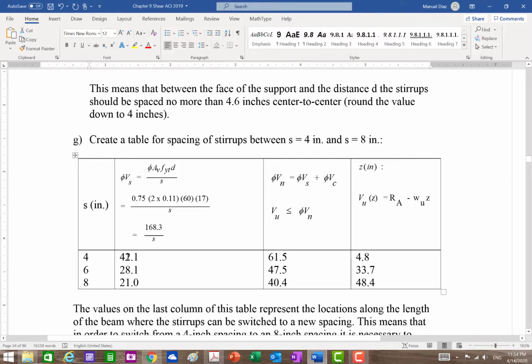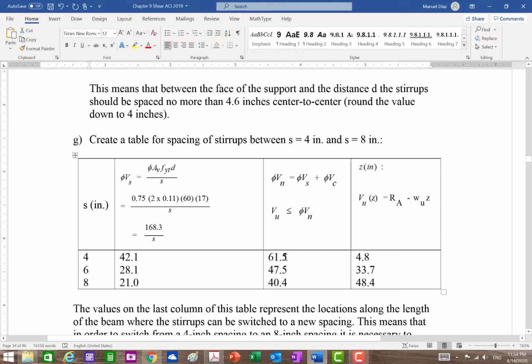So 42.1 plus 19.4 gives me this. 28.1 plus 19.4 gives me this. 21 plus 19.4 gives me this. And we have to maintain V sub U less than or equal to these numbers. Okay?